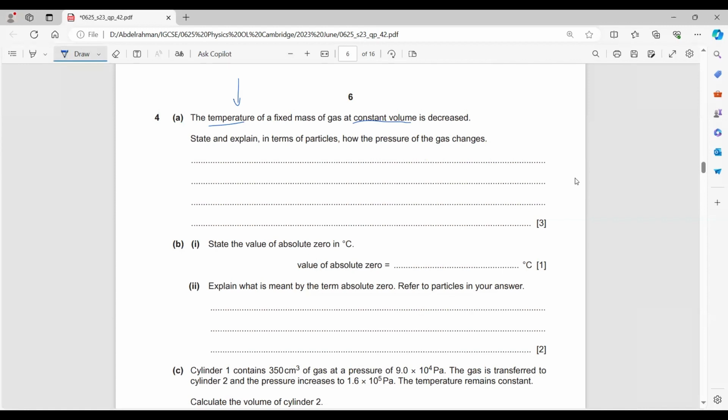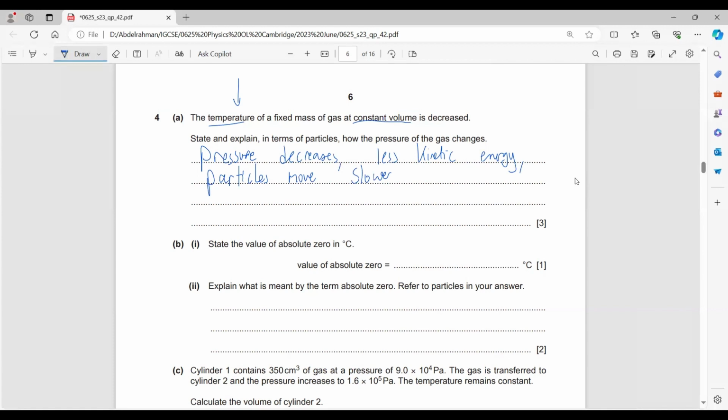The pressure would decrease, as there's less kinetic energy. Okay. As temperature decreases, there's less kinetic energy, so the particles have less energy and they collide less frequently. Particles move slower, so there's less pressure. There's less force, obviously.